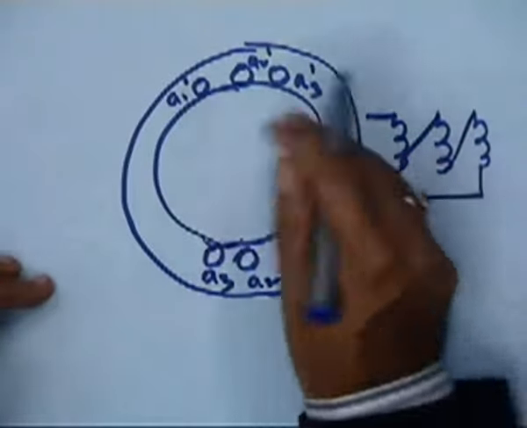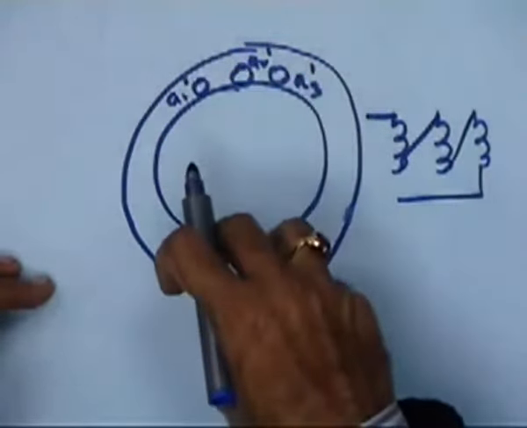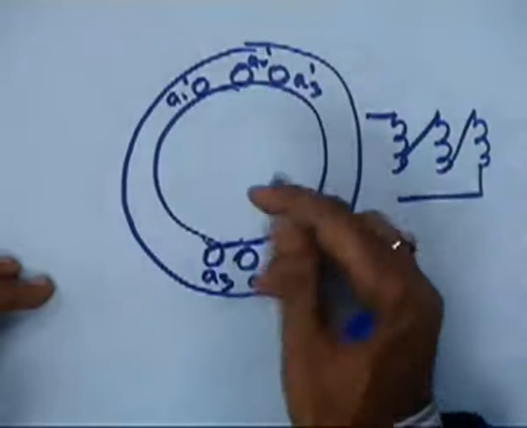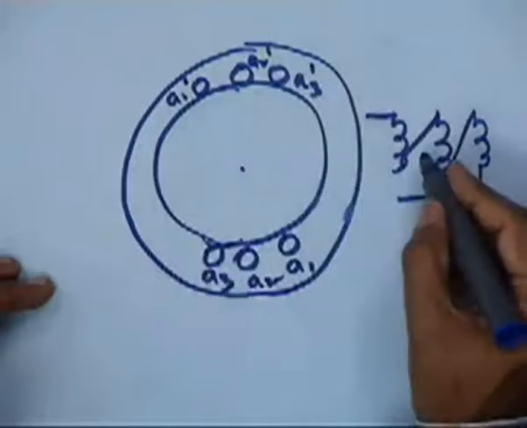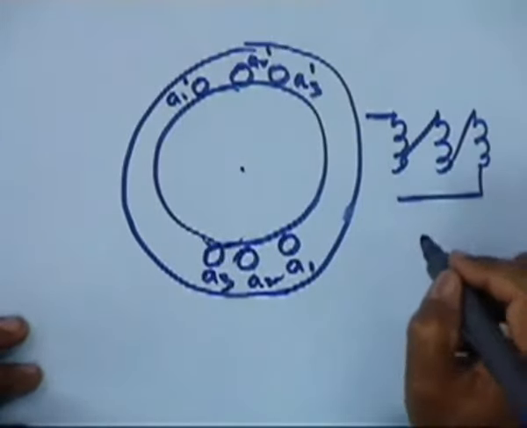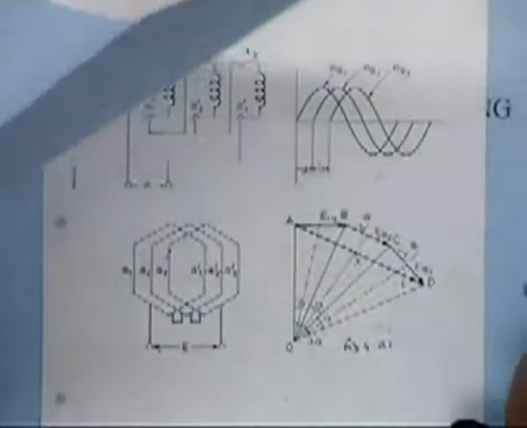So instead of 300 turns in a pair of slots at 180 degrees, I put 100 turns distributed in this. So these are called the distributed windings in each phase.